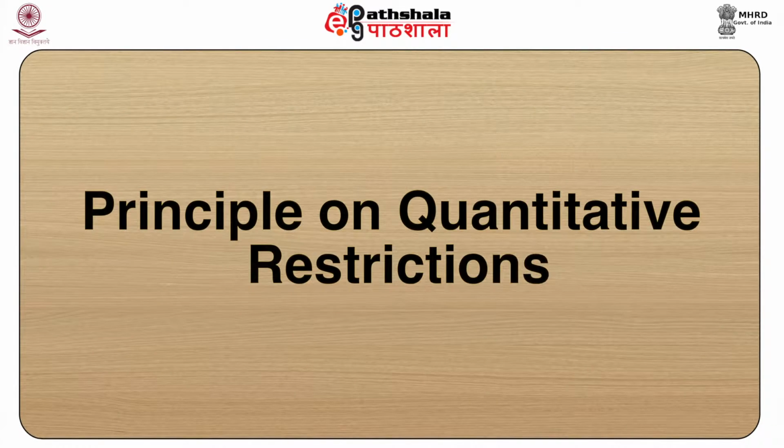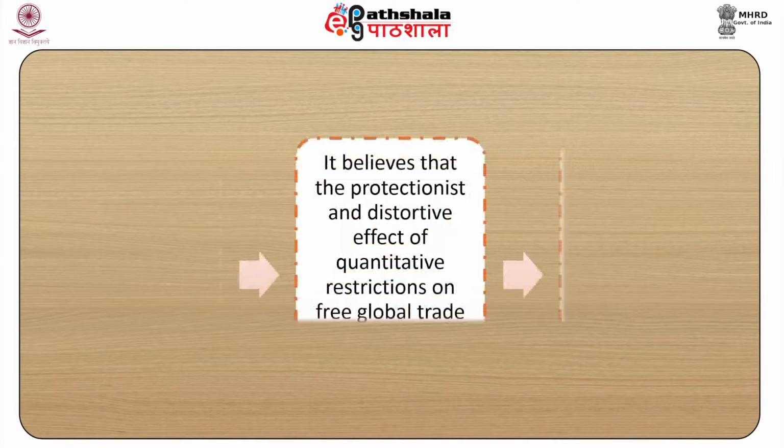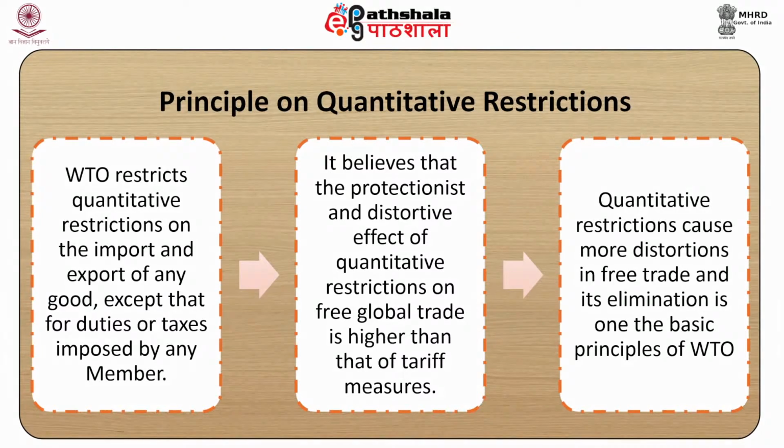Principle on quantitative restrictions. WTO restricts quantitative restrictions on the import and export of any good except for duties or taxes imposed by any member. It believes that the protectionist and distortive effect of quantitative restrictions on free global trade is higher than that of tariff measures.